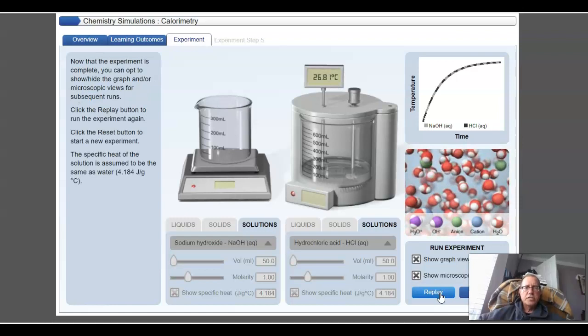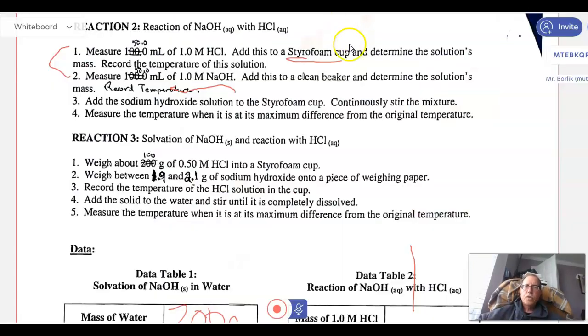And we get 26.81 degrees Celsius. All right, so what I want to do now is go ahead and put in my values here.